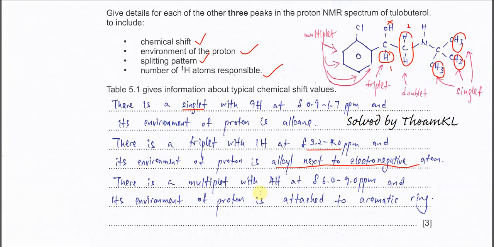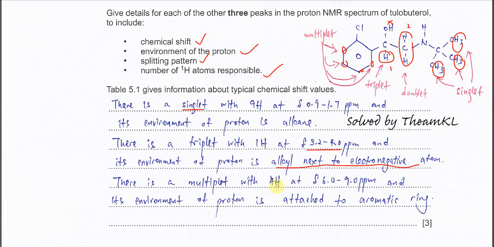Okay, the last one, there is a multiplet with 4H, meaning this and this, because there is a CH here, 4 protons here. Whenever it's 4 or more than 4, we just put multiplet. There are 4 peaks, which we would call a quartet, but for the benzene ring we normally call it a multiplet.